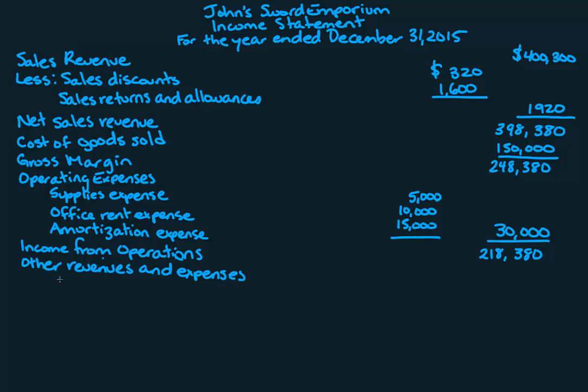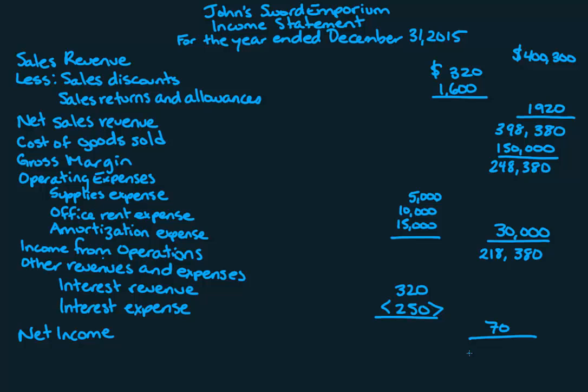John's main line of business is buying and selling swords, so it's not from his operations. When we add in the revenue and minus the interest expense, we're adding in $70 of other revenues and expenses. Altogether, this gives us a total net income for John's Sword Emporium of $218,450.